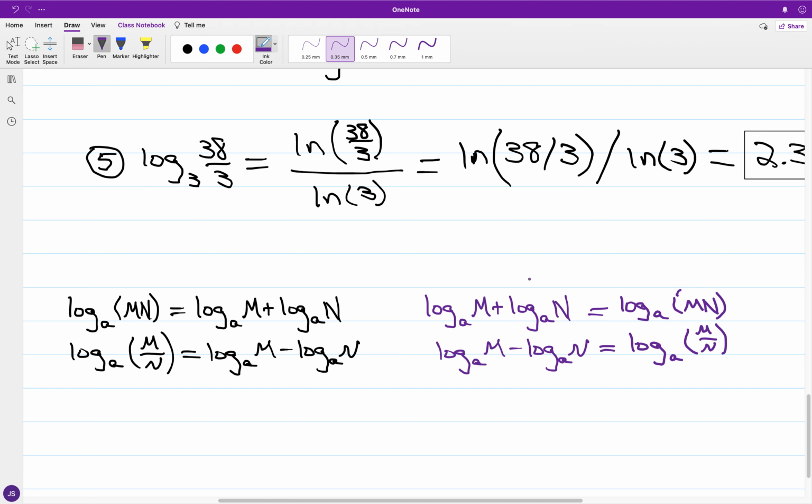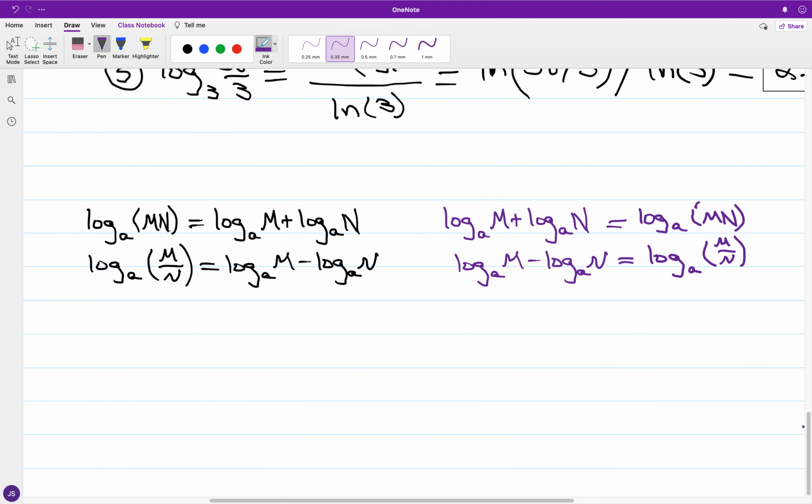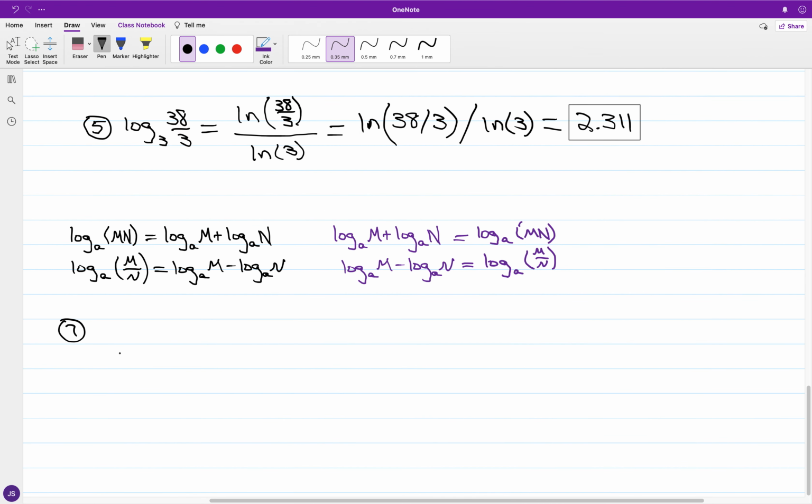Okay, now in terms of expanding logarithmic terms, okay, so we have in the case of item number 7, okay, so you have a base 3 logarithmic term, and now we have various factors here.